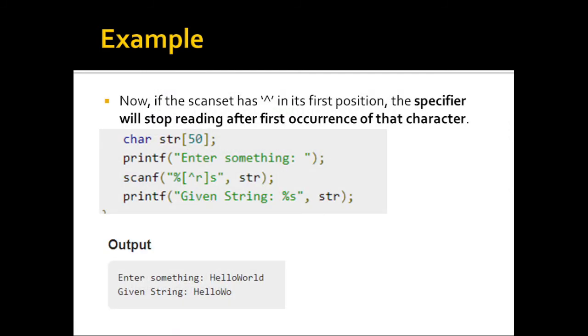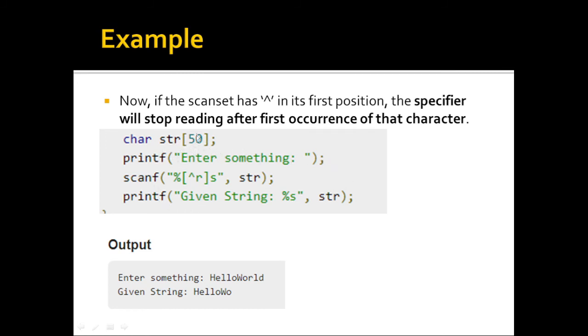Now, if the scanset has the caret in its first position, the specifier will stop reading at the first occurrence of that character. So if the character you specified is encountered, then scanf will stop scanning the characters. So let's take a look at this example.